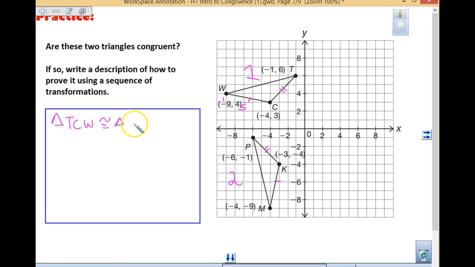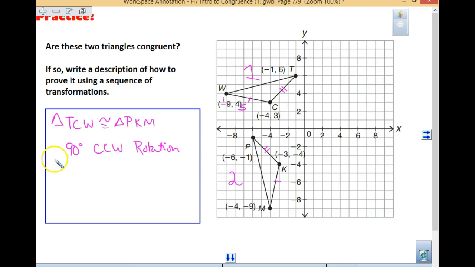So if you start at T to C to W, P, K, L. Okay? So order is important. And I heard a lot of you say 90 degrees counterclockwise rotation.